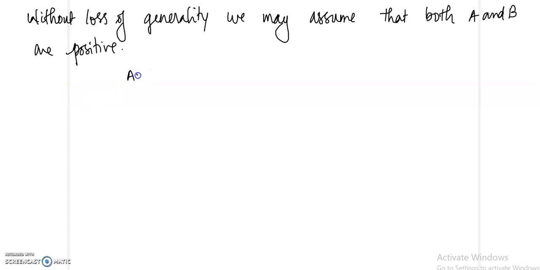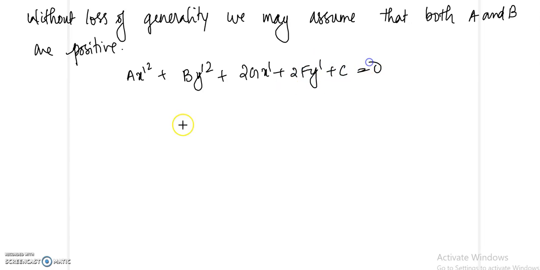So we have the equation A x dash square plus B y dash square plus 2G x dash plus 2F y dash plus c equal to 0. So we have A x dash square plus 2G by A x dash.